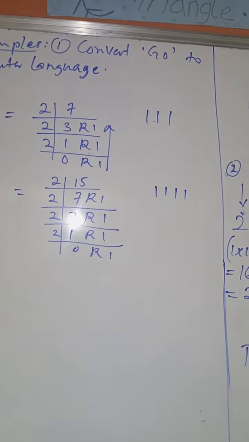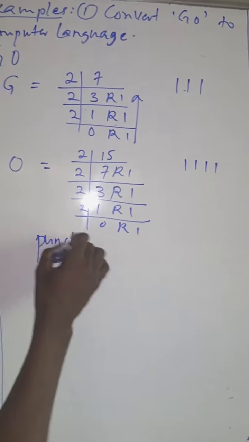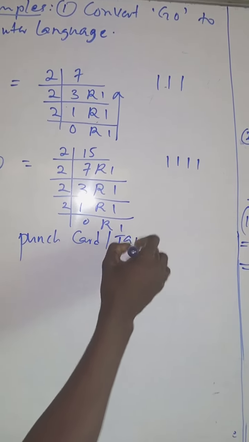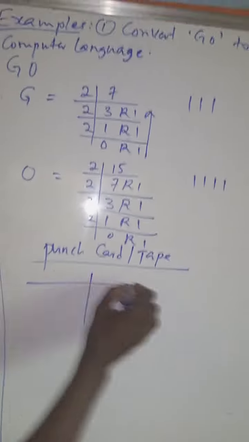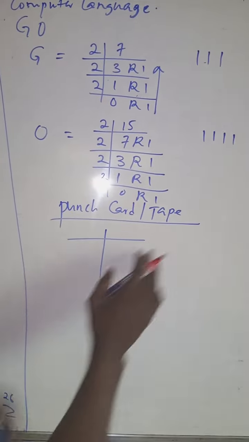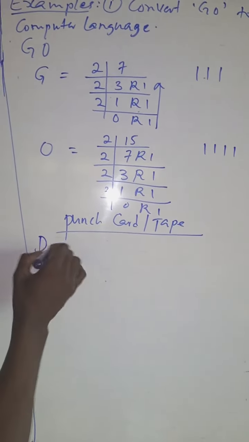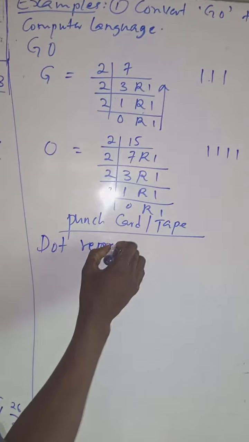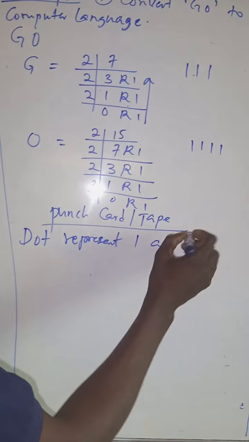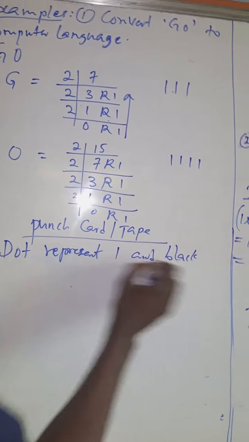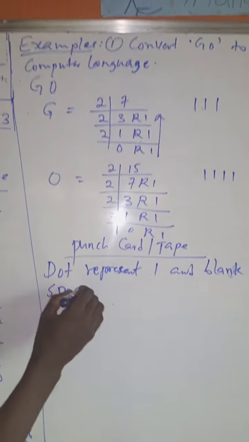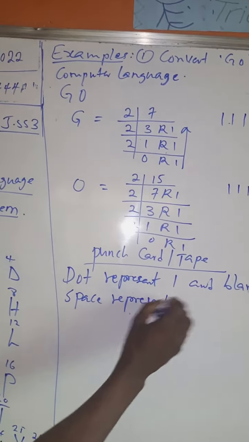If I put it on what you would see on a punch card, which was called punch tape, it's going to be in this form with dots. Let me write it down. Dots represent 1, and blank space represents 0.